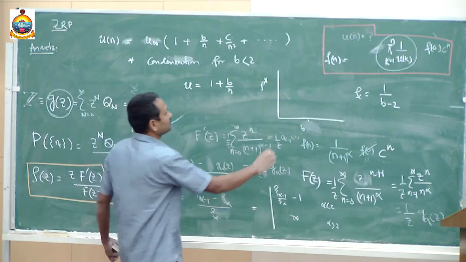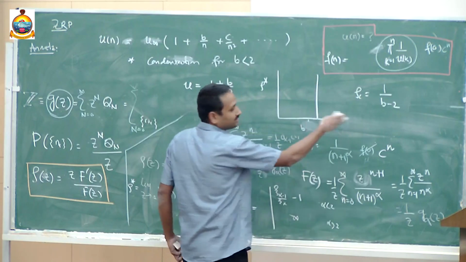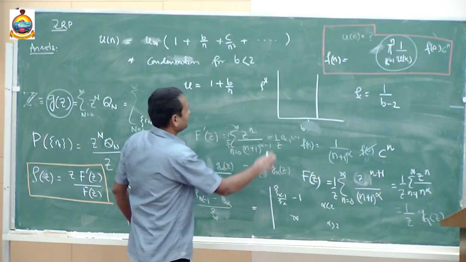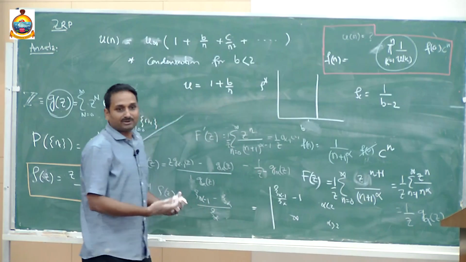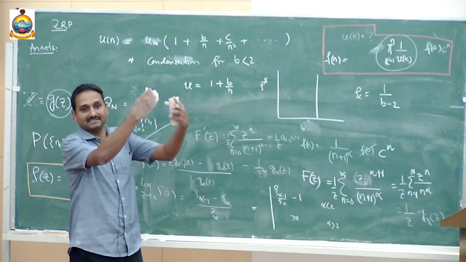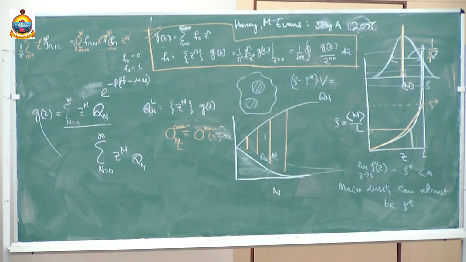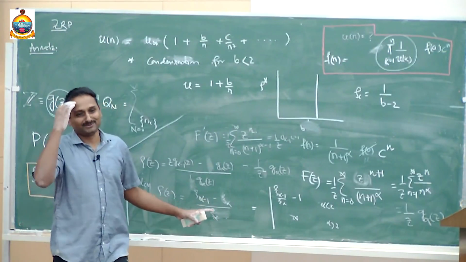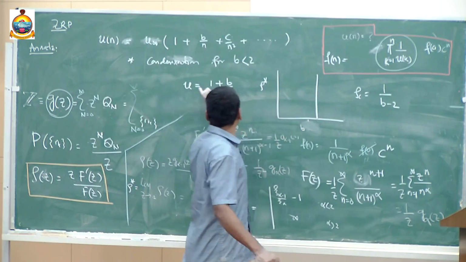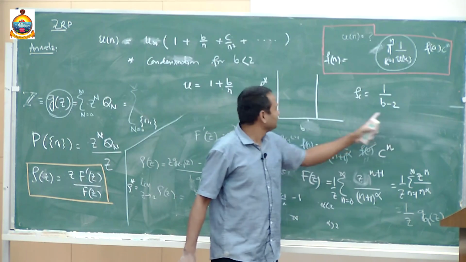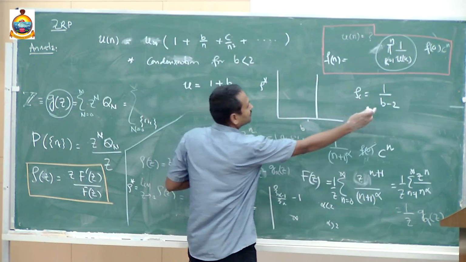So b equal to 2: above that there is no condensation, right? This side is non-condensate. Here there is a condensate, but condensation for density above a certain value, right? If you are above this, then you have condensation. In this situation, if the function is this, rho_c is just 1 by b minus 2, okay?